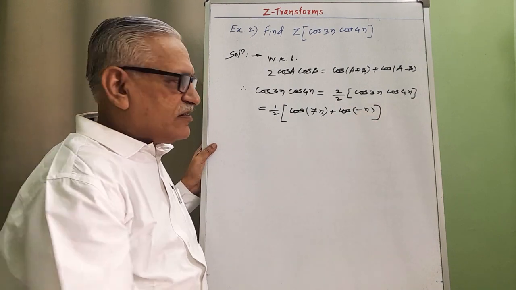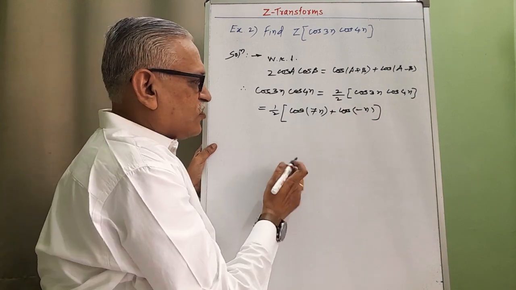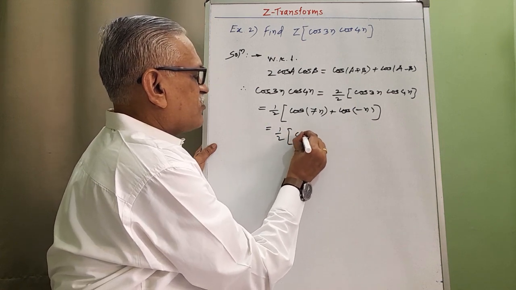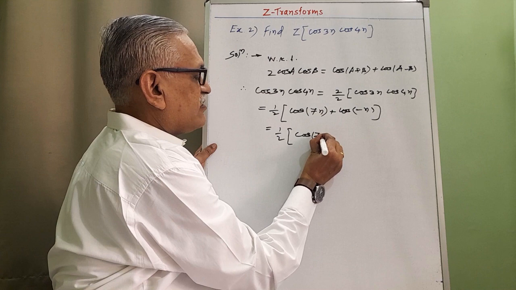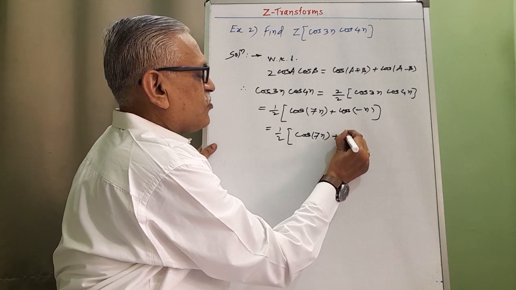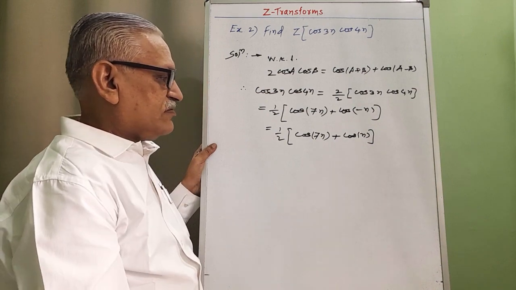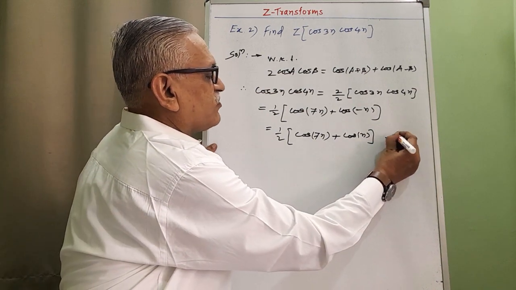Another standard result, cos minus theta is cos theta, and therefore it is 1 by 2 times cos of 7n plus cos of n, and we call this equation 1.